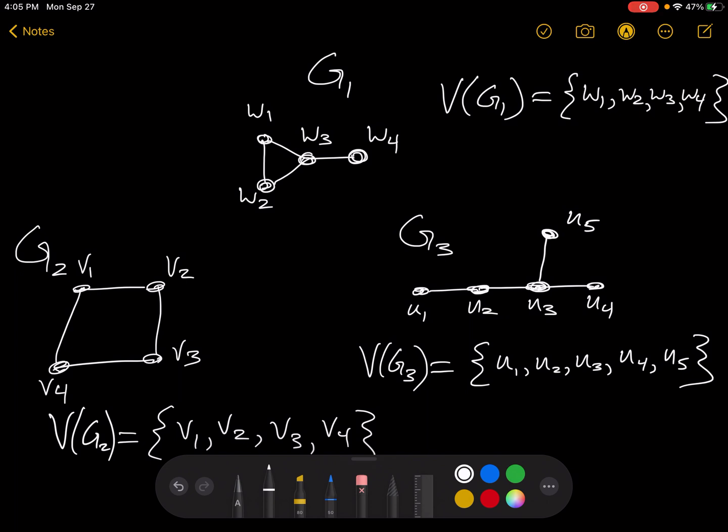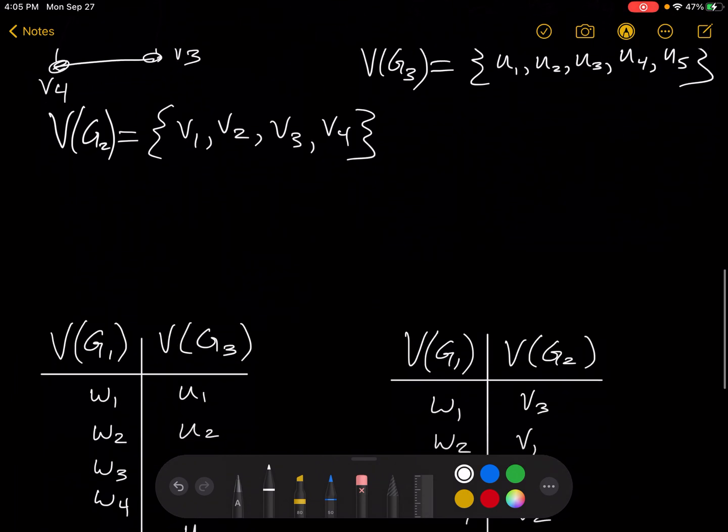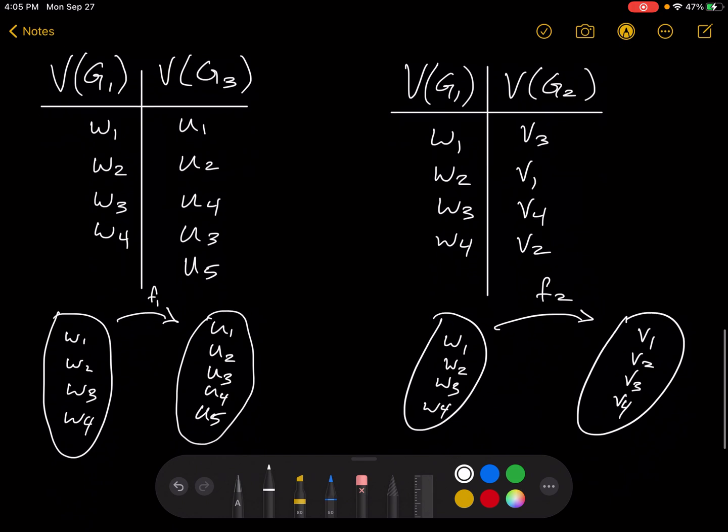So here you can see the set of vertices for the graph G1, the set of vertices for the graph G2, and the set of vertices for the graph G3. Now over here on the left, we have a table that represents the function f1 from the set of vertices of the graph G1 to the set of vertices of the graph G3.